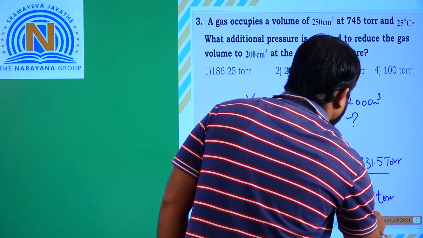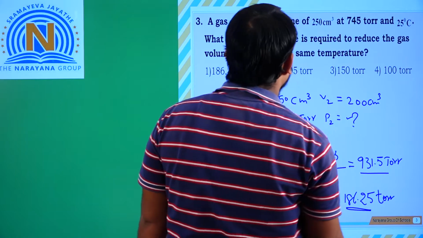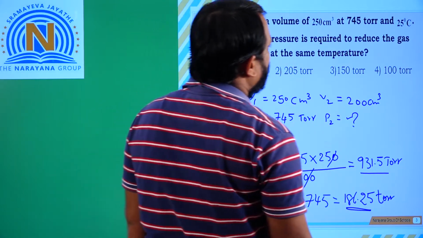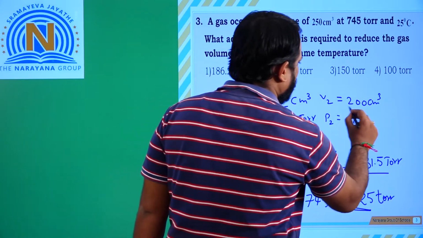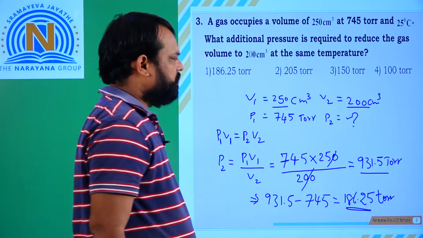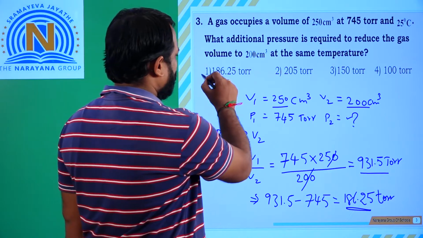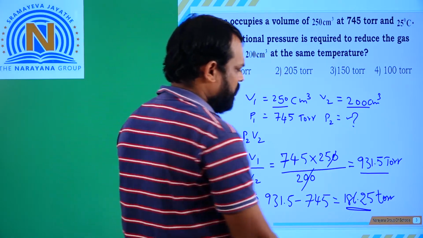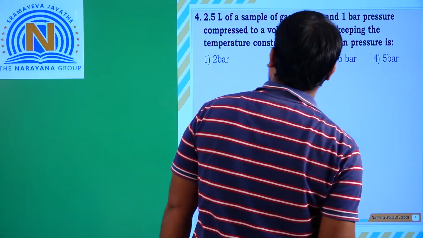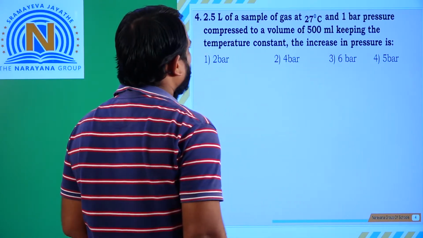So this much pressure is required to reduce the gas from 250 centimeter cube to 200 centimeter cube. So first option is correct.